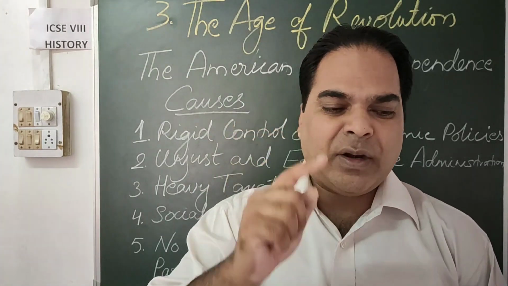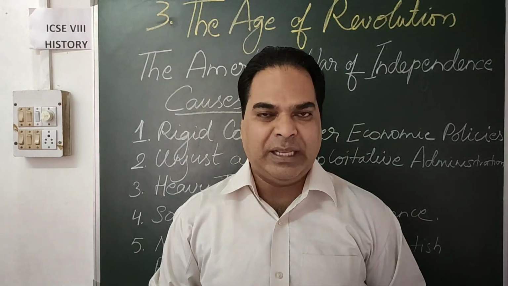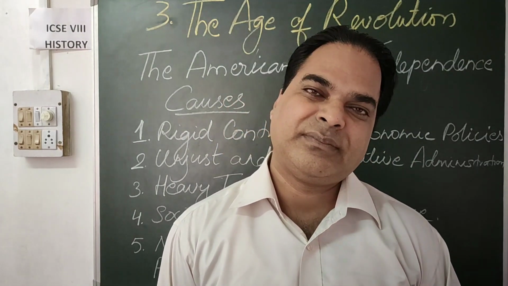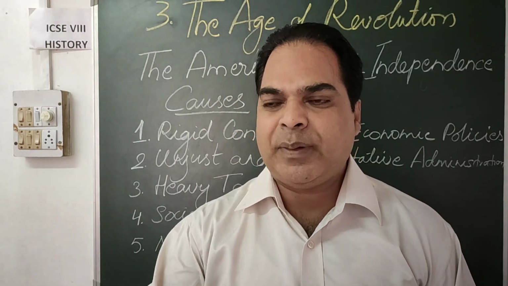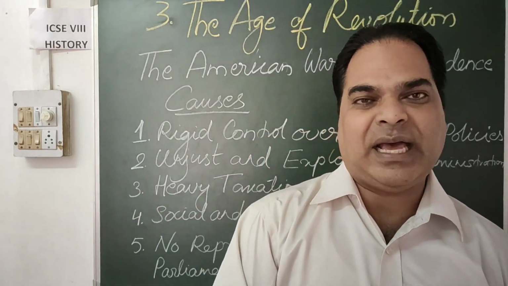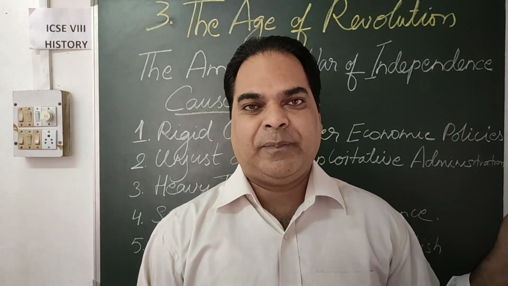So altogether 13 assemblies were there. But the governor of the colony was appointed by the British government. Why so? Why are they interfering over here? The people elected their own assembly, but the governor was appointed by the British government.